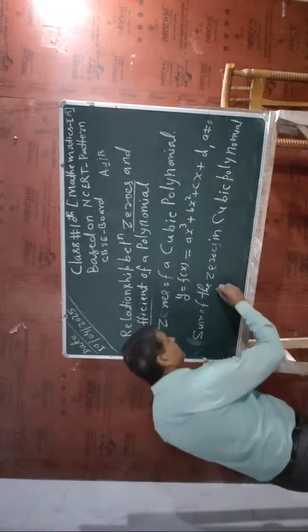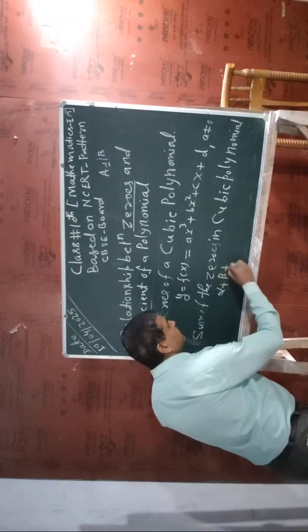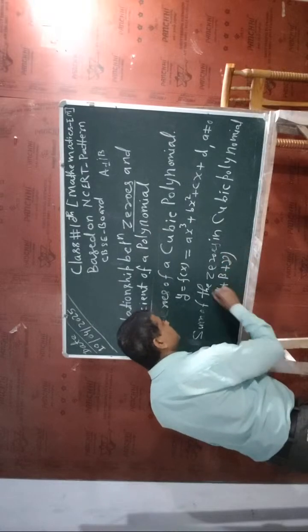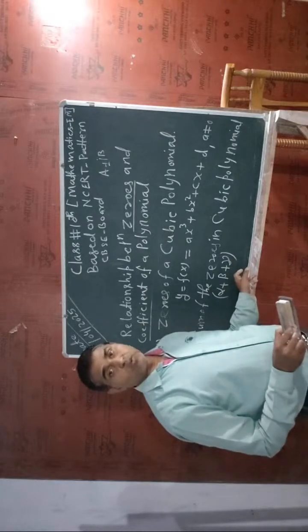In other words, alpha plus beta plus gamma, because this cubic polynomial will have three roots.